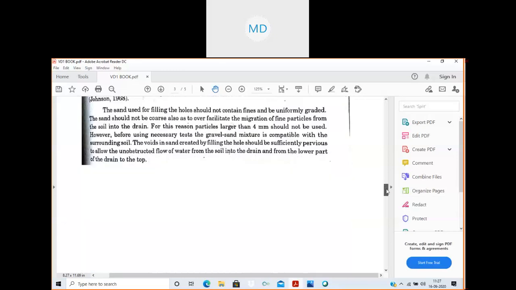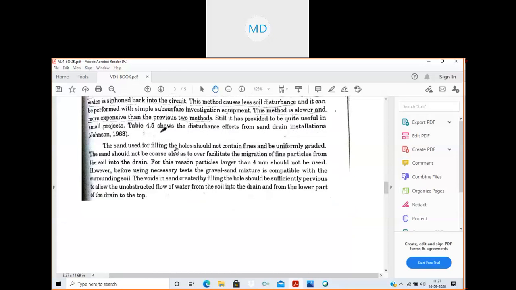Then the sand drains for filling the holes should not contain fines and should be uniformly graded. You know that for proper performance in any kind of work, the soil should be uniformly graded, so that it does not obstruct the flow of water.